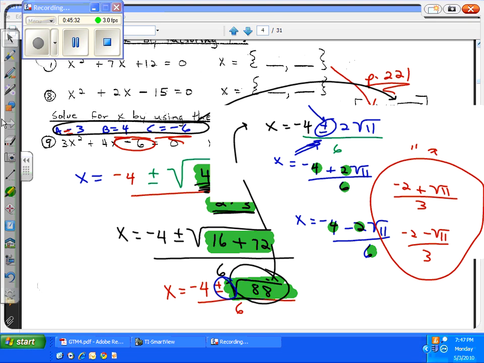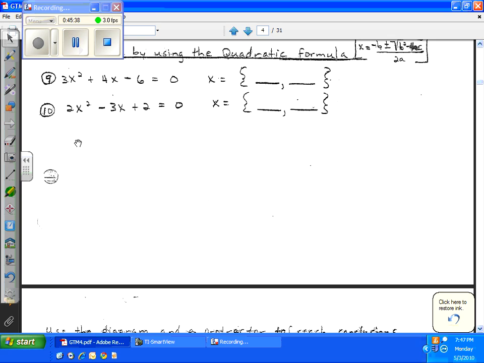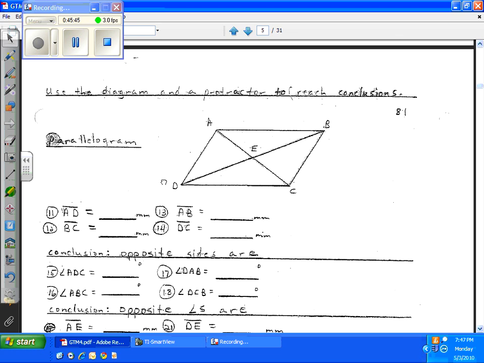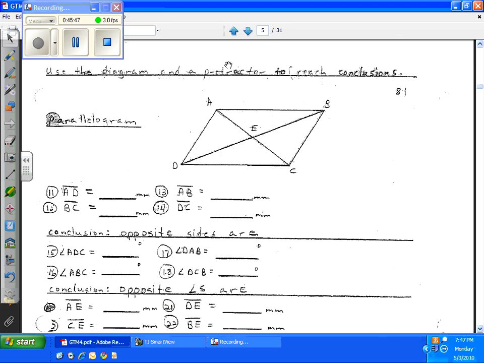Okay. And we'll let you play with that last one on your own. There are some discovery learning things. Again, we want you to get a protractor, a ruler. We want you to measure precisely.